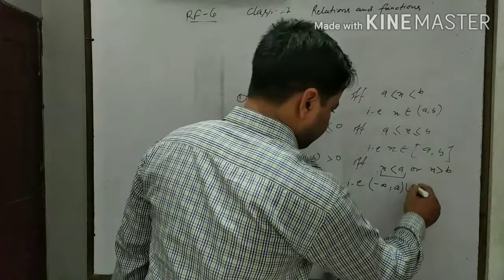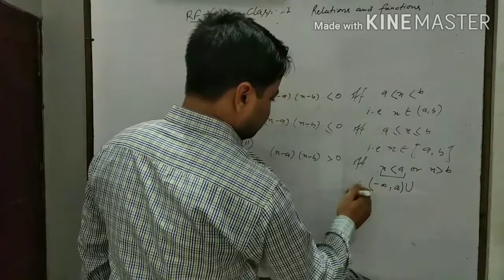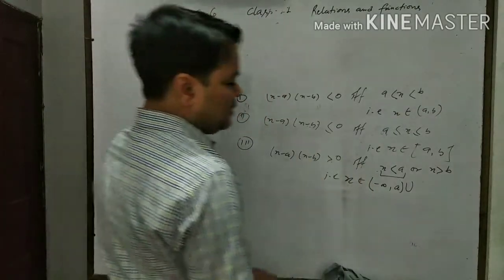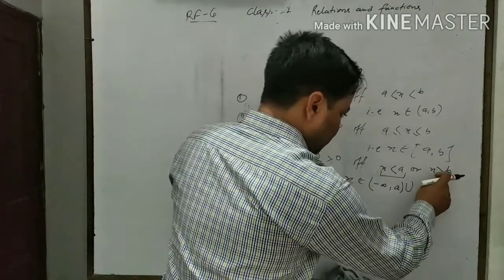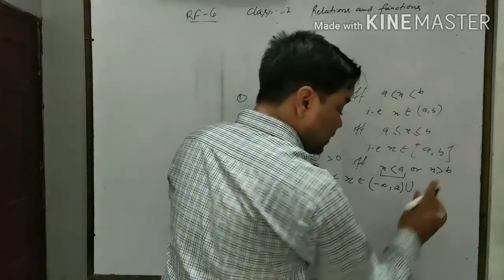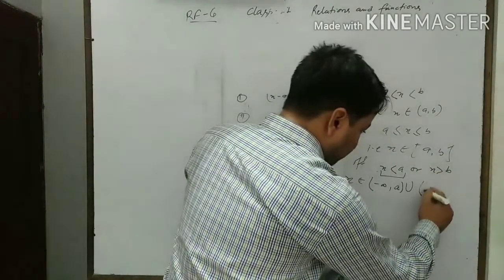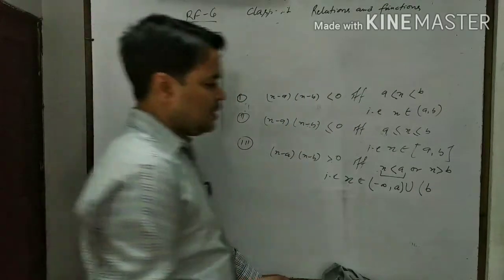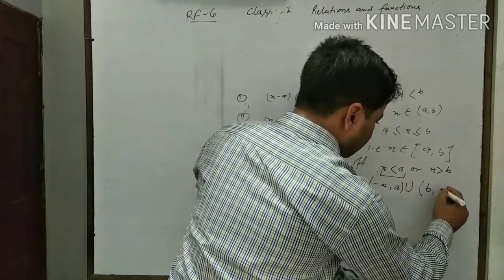And here x belongs to, and here x is not b but greater than b. X is not equal to b. So here open interval b, because we cannot take b, and all the values greater than b, that is infinity.